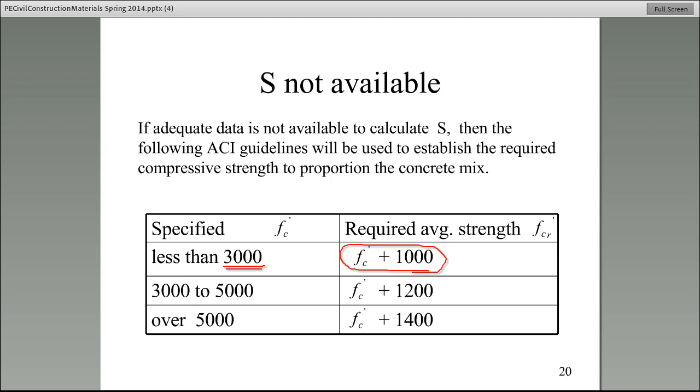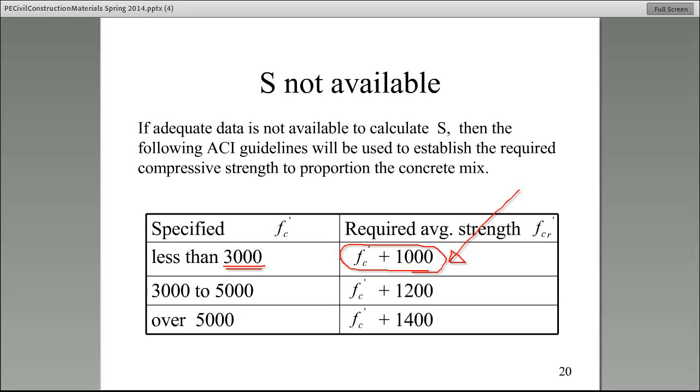So Elizabeth used 3,000 psi in her design equations, designed the beam based on 3,000 psi, but since there is no standard deviation available, she would just add 1,000 psi when she orders the concrete. So she orders 4,000 psi in this case.